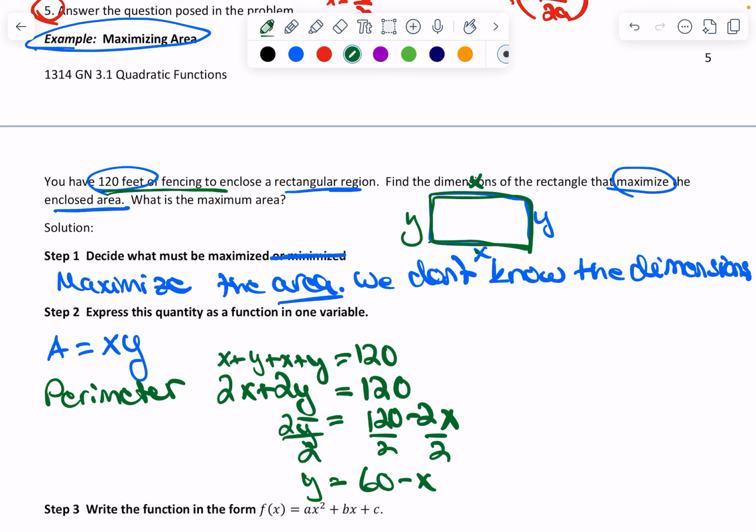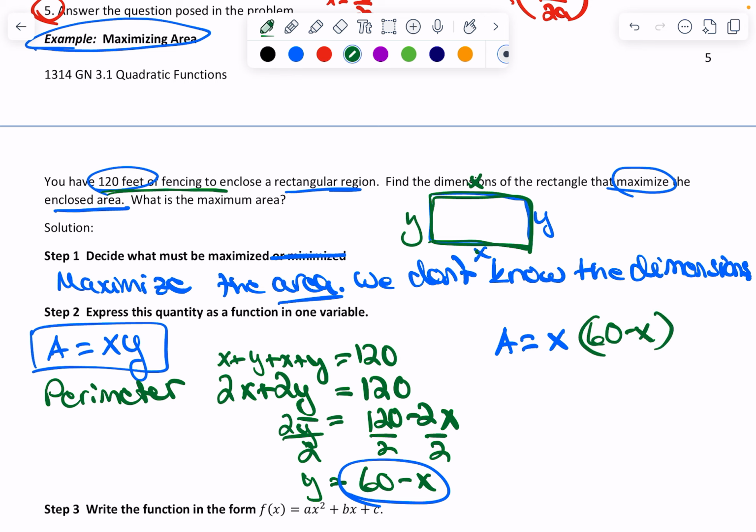Next, I'm going to take the area. Area is x times y. I'm going to plug this 60 minus x in where the y is.